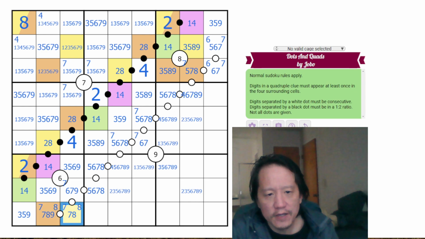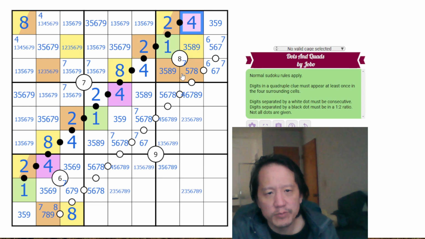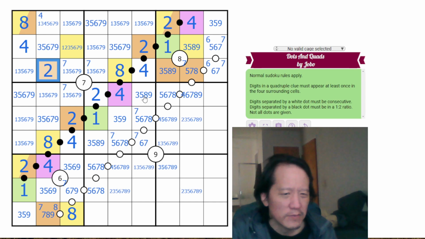If this is 8, this has to be 2, which makes that 1, which makes that 8, 4, 1. So then this would be 8, 4, 2, 1, and that would be 4. So this is 4, then this is 2. I think this one worked, if I remember correctly.